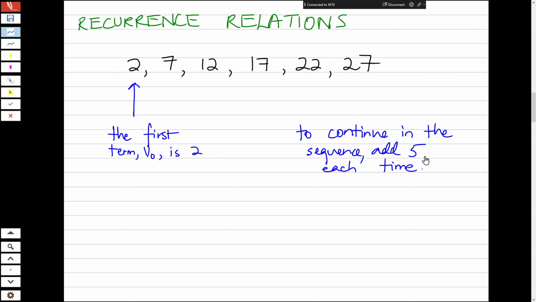So the trouble with this is if I change the numbers so that they involve decimals or fractions, or the numbers get really large or really small, I can't look at the list anymore and work out the pattern very easily. So what I'm going to give you now is some language to describe a pattern without having to write all the numbers in. So here's what we're going to do.